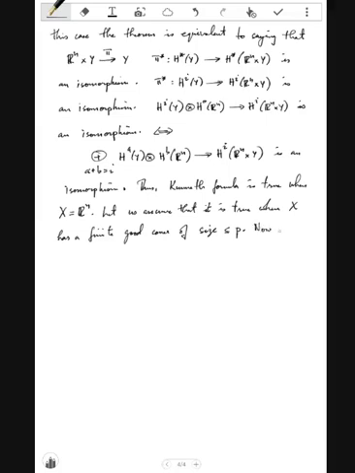Now assume that X is the union over i equal to 1 to p plus 1 of U_i, a finite good cover of size p plus 1.